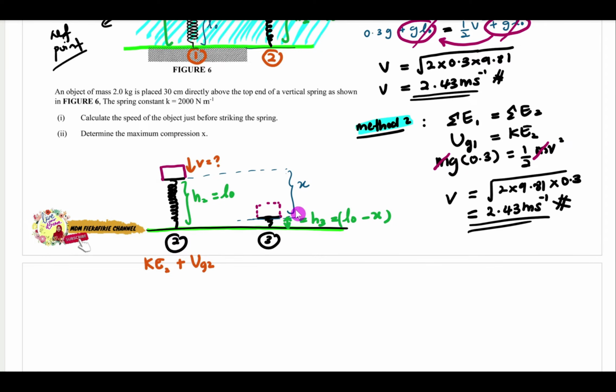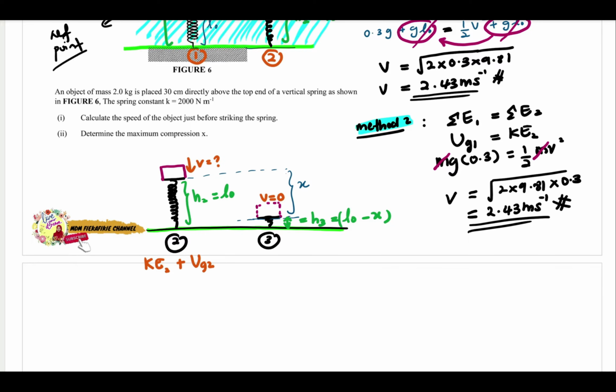But for the third diagram here, so this is maximum compression. Means that bila objek itu bergerak dan dia compress sehingga maksimum, pada ketika ini V dia adalah kosong. Kan? Kenapa? Sebab dia dah compress sampai habis and then dia nak bergerak in opposite direction, iaitu bergerak ke atas. So dekat situ V dia kosong.